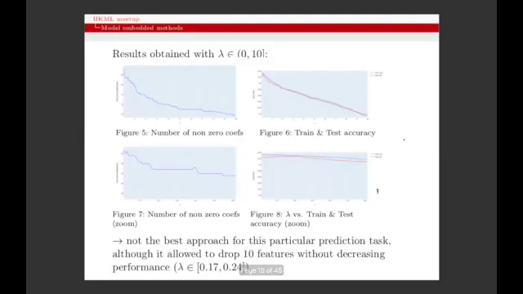So this gives some results that I summarized in this slide.